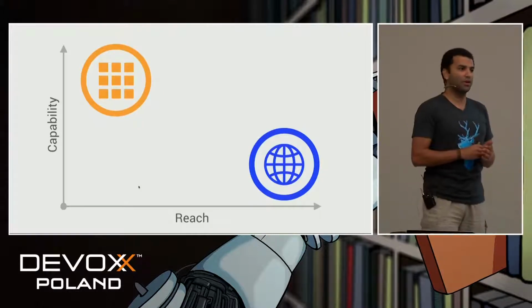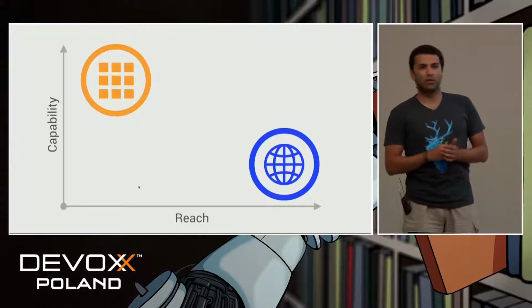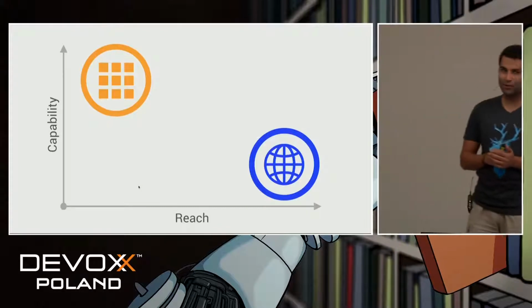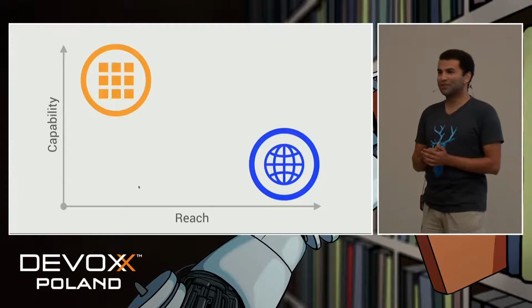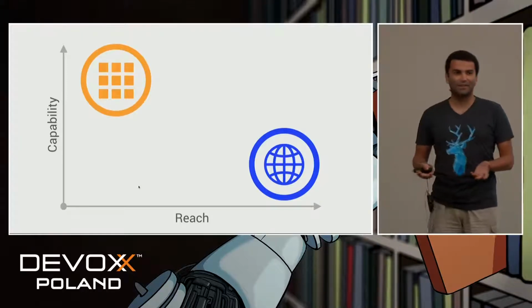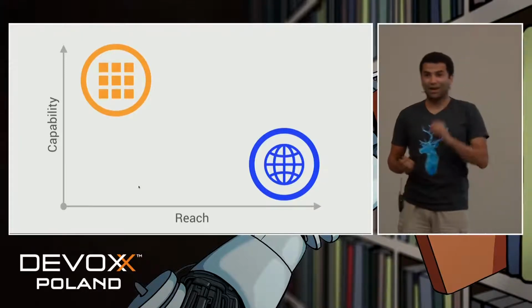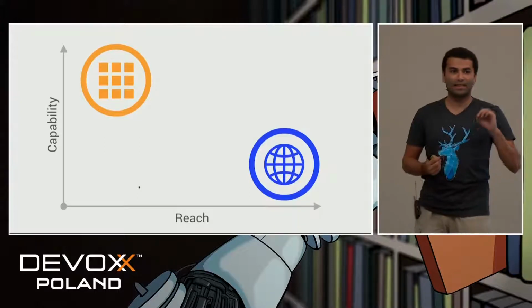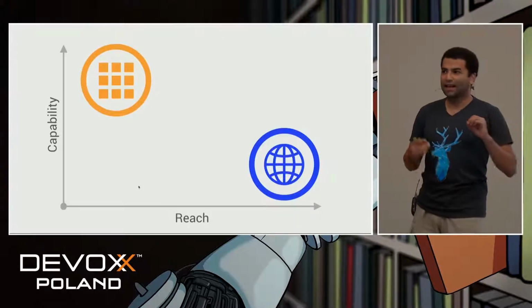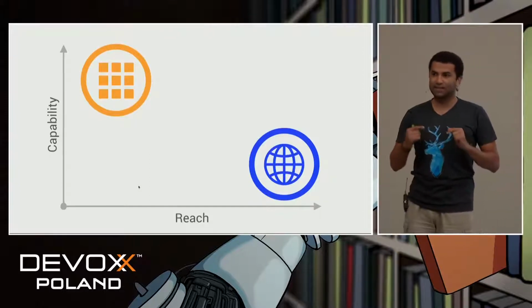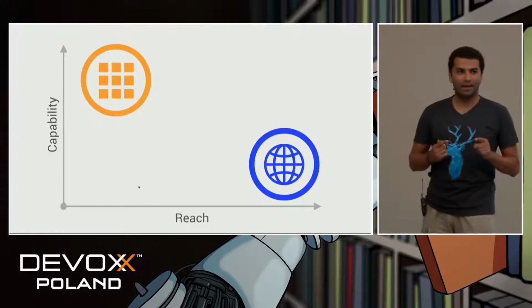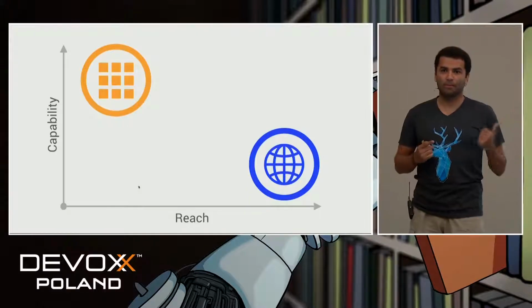Do you think I'm going to go to Play Store and search for pizzeria in Krakow? Most likely, no. I'm going to search on a search engine, right? So the reach of a website that has good keywords and has a good or optimized web application, in this case, is way higher than a mobile app.